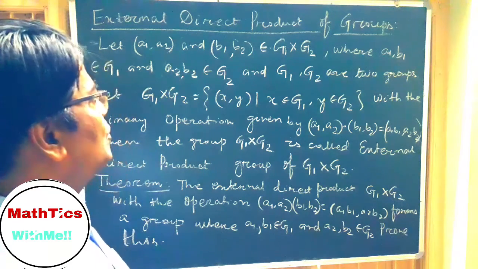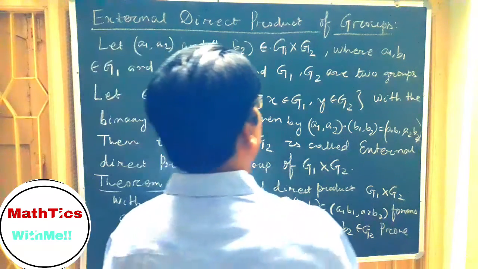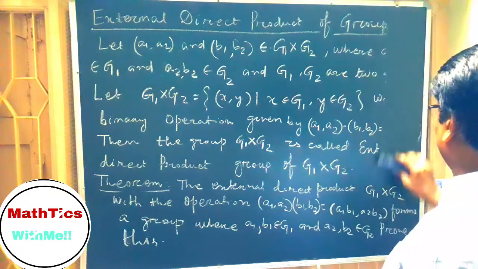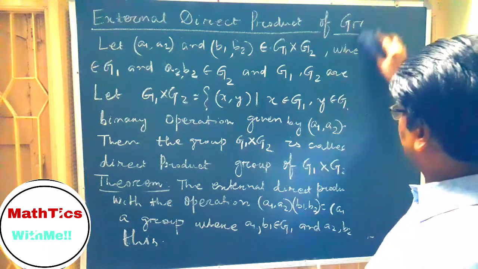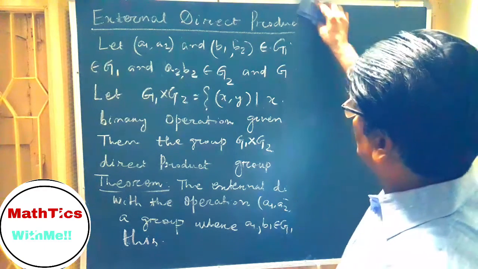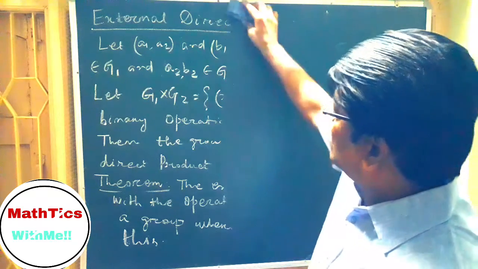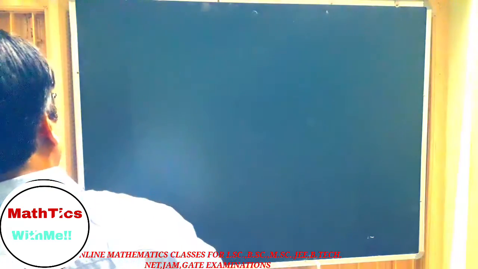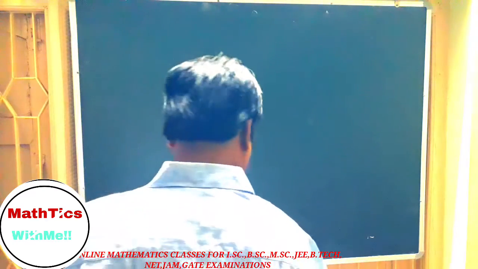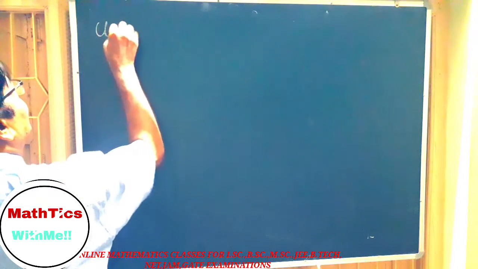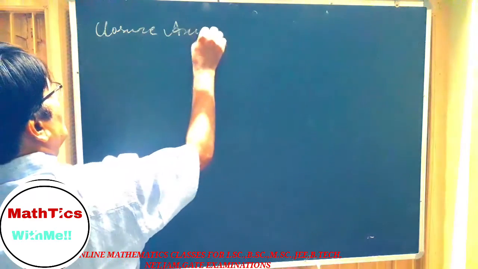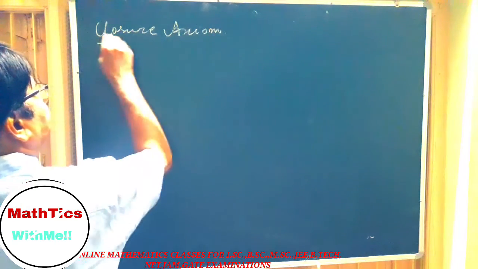In order to prove it is a group, we will verify the properties of a group one by one. First of all, let us proceed to prove the closure axiom.